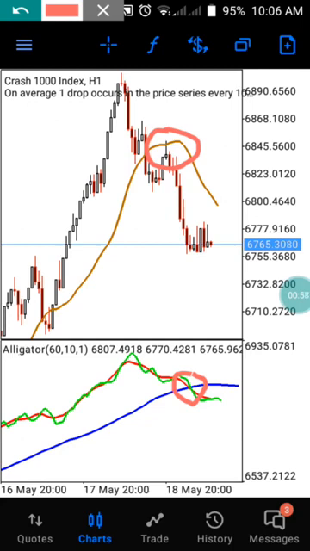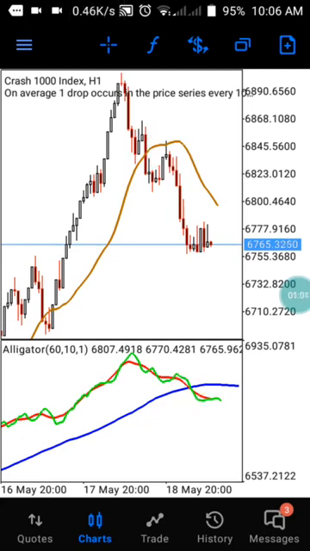The first thing you need to do is to always check your moving average on your main chart, because the moving average is very active, because it shows you the downtrend and the uptrend of the market. Like what we are having currently on the 1 hour time frame in Crash 1000. Now what we are having is a downtrend market.